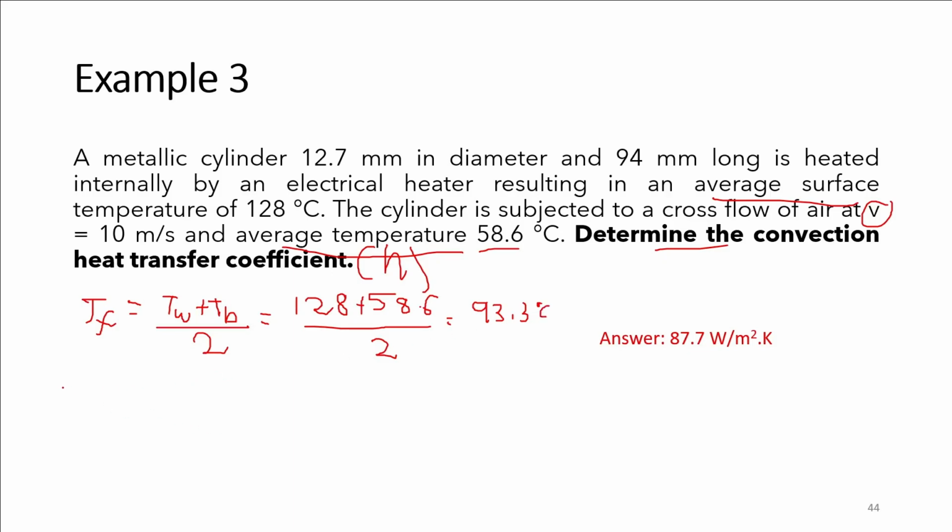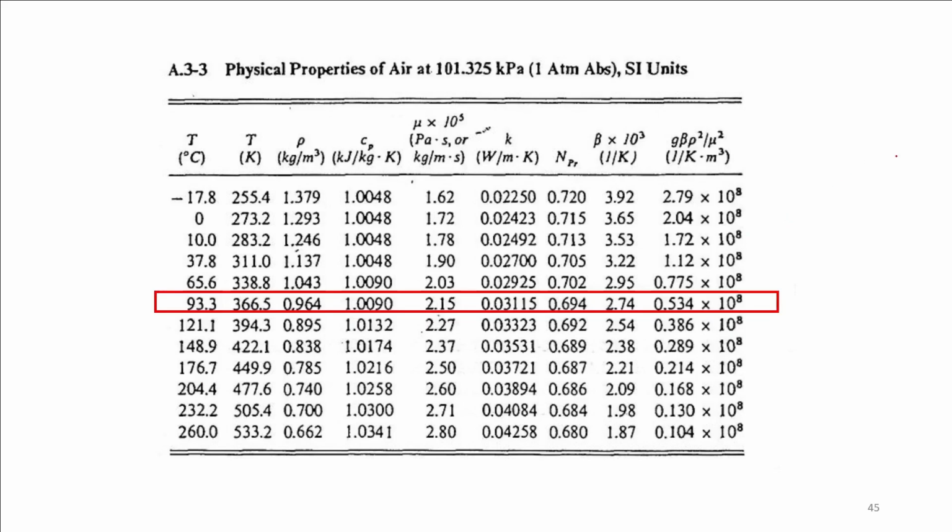After getting T_F, the next step is to determine its properties from Table A3.3, Appendix Table A33. You check for the temperature 93.3 here, and what we want is the density rho, and then mu here.